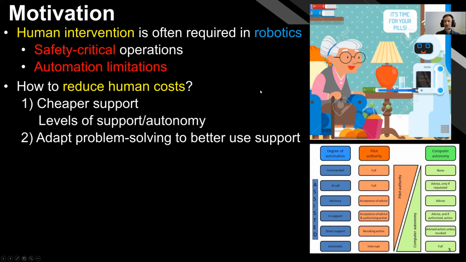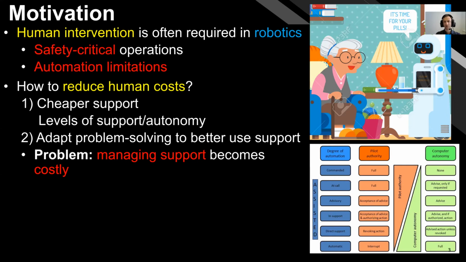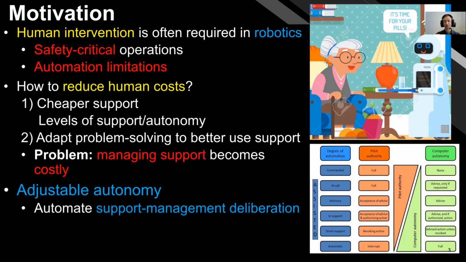So instead of going for full support, try to make a plan that best compromises given limited support. But again, it leads to another trouble: who is going to manage the support? If the human has to do that, then it creates some cost. And this is why adjustable autonomy is there, trying to look at how it is possible for the system to automatically adjust itself. The deliberation regarding support management is automated, given to the system.